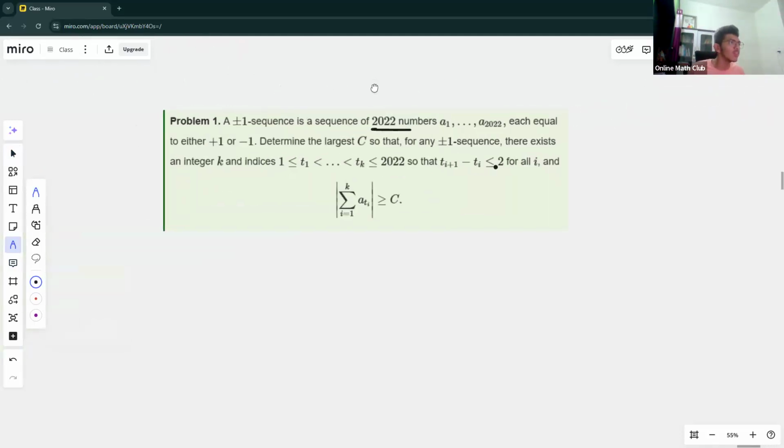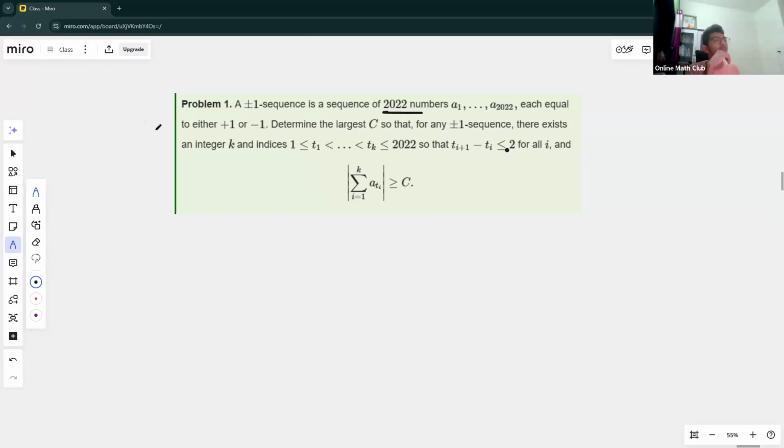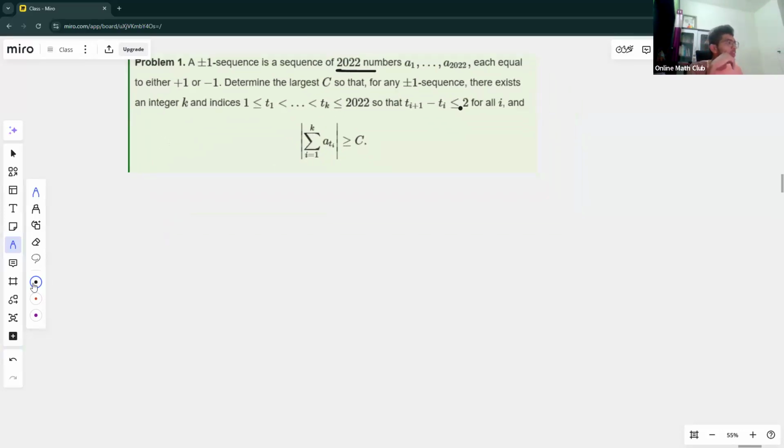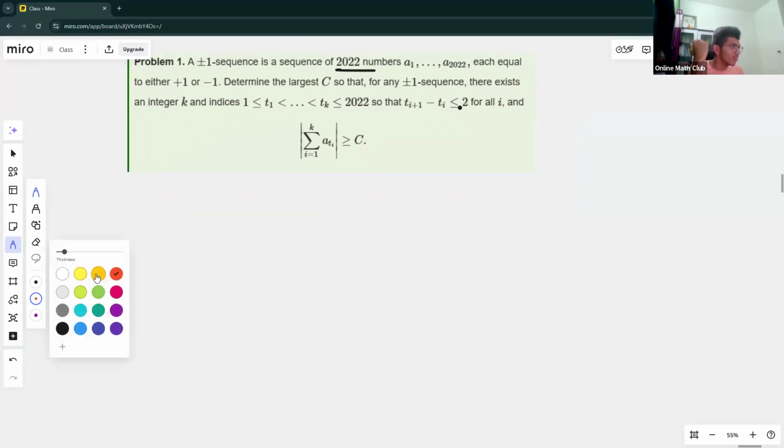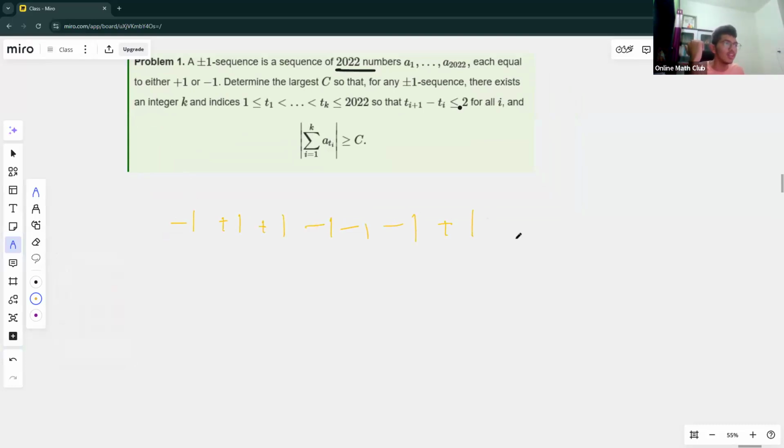So basically, we will start with this problem first. Let me explain what it says. You are given a sequence of numbers, and the only numbers we have are plus one and minus one. We can have a sequence like this, and there are 2022 numbers, which tells us this is a problem from a 2022 contest, but that's not the point.